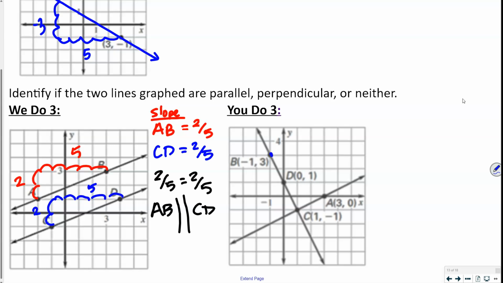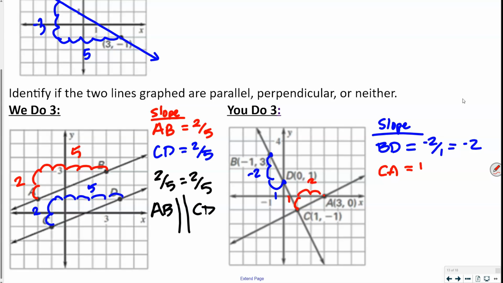And notice we got point BD right here, right? So we're going to say slopes again of BD is 1, 2 down, and 1 over, right? So negative 2 over 1, so that's just negative 2, right? Okay, now let's look at CA right here. So CA is going to be 1 up and 1, 2 over. 1 up, 2 over, so that's 1 over 2, so that's 1/2.